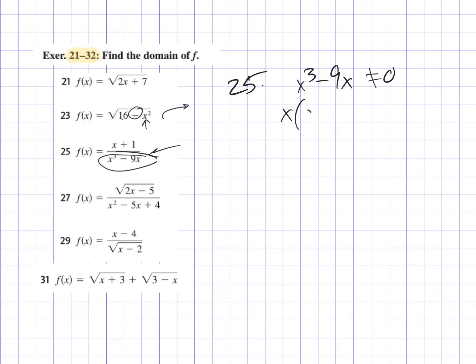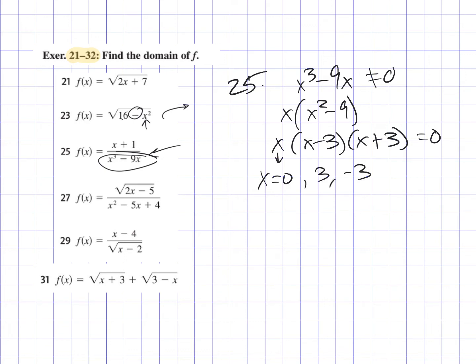We factor out an x, we get x squared minus 9. That's the difference of squares, which is x minus 3, x plus 3. So x can't be 0. It can't be 3 and negative 3. So it can be everything else. You could say x can't be these things, and that'd be good.